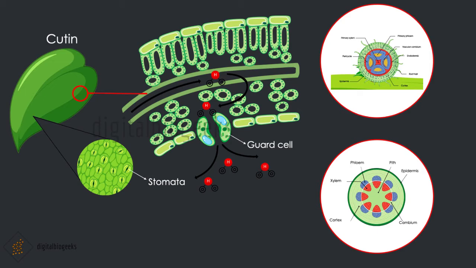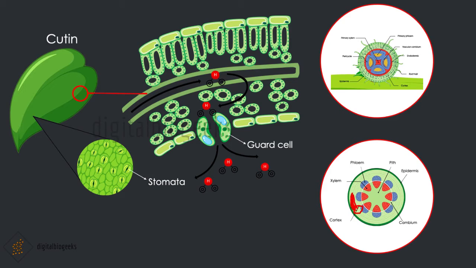This area is the cortex, and it contains secondary meristematic cells. Primary meristem helps the plant to grow in length, and secondary meristem is responsible for the thickness of the plant. So these secondary meristematic cells in the cortex produce layers of cells which together constitute the cork.